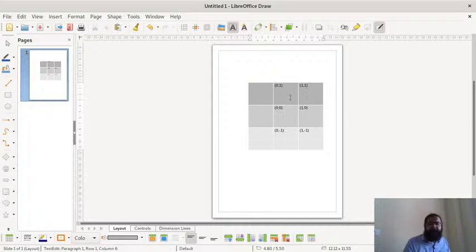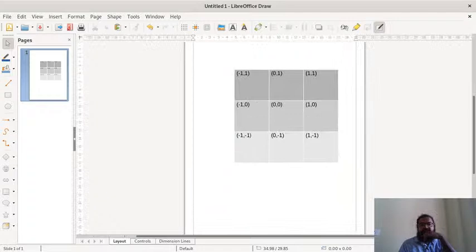In the same way you have to find the indexes for the other cells as well. So it can be minus 1 and 0, minus 1 and 1, and minus 1 and minus 1. So this would be the actual grid.